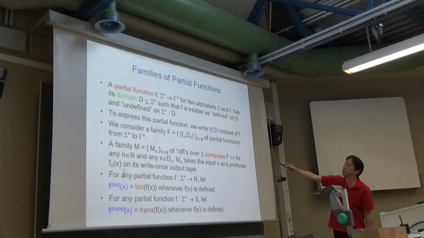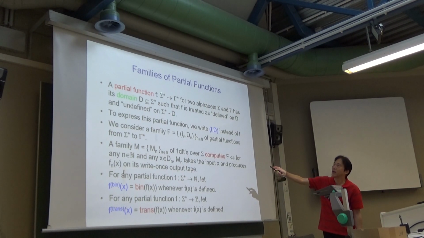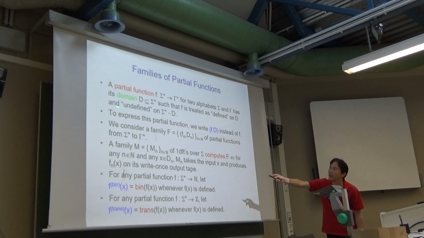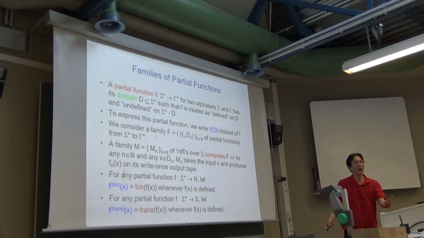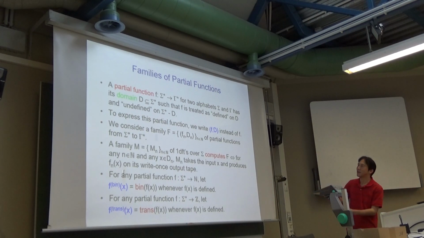Within this domain, the value of f has some meaning, which is called defined. But outside of D, even though f possibly outputs something, that is not considered to be defined. So just think about it: only for a limited amount of the inputs do you have the values, and outside of that, you don't care. So that's the partial function.